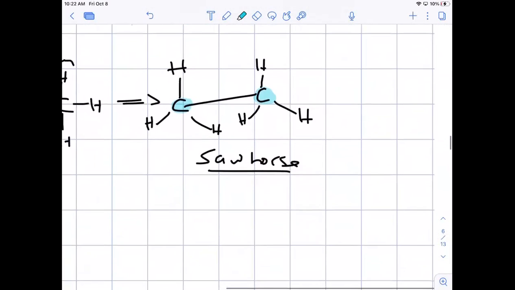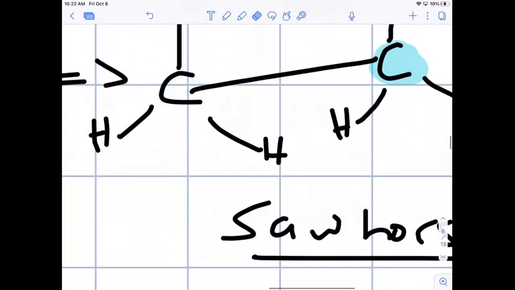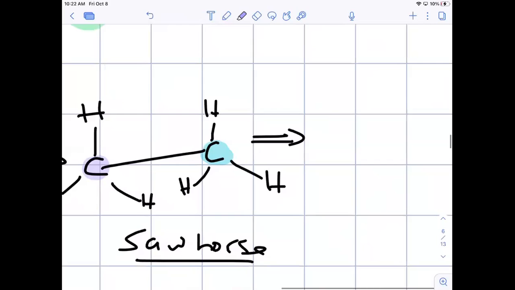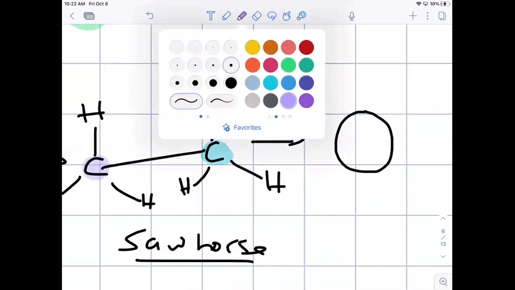So the Newman projection actually would look like this. So we're going to make that purple carbon the front carbon. So on a Newman projection, it looks like this. So this is the back carbon that we had as it was teal.